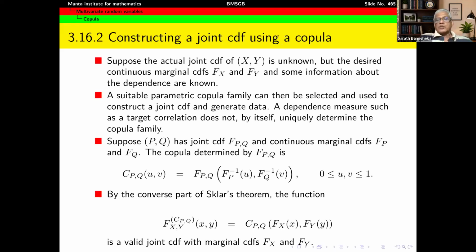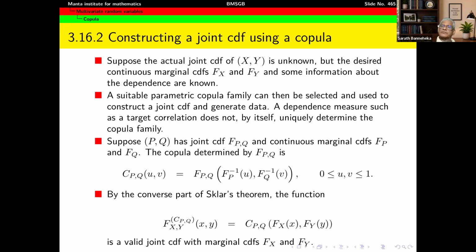So that is the first part. In that part, I just explained the Sklar's theorem, the direct theorem, and the converse of that. The direct theorem gives us the expression for the copula, the unique copula, especially when the marginal CDFs are continuous.